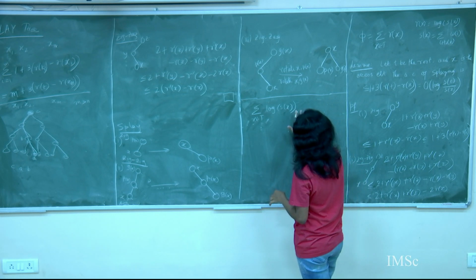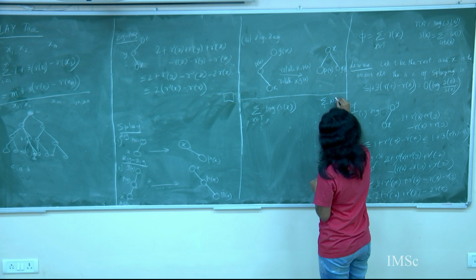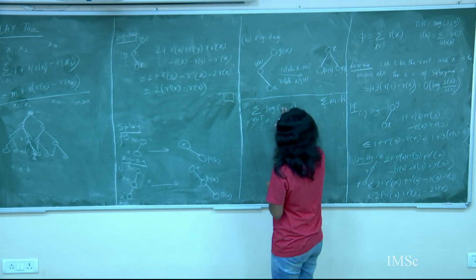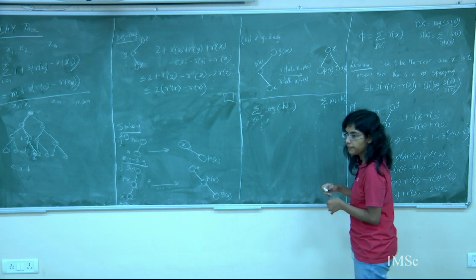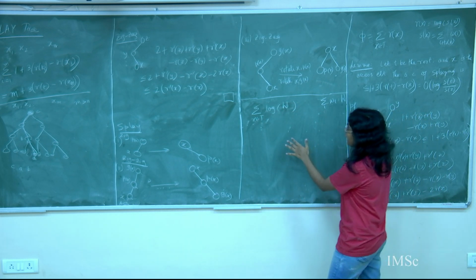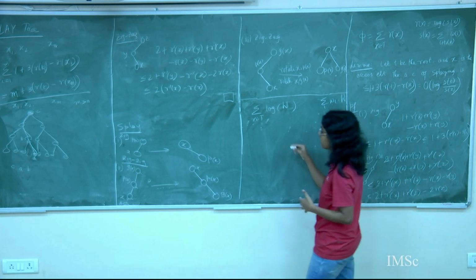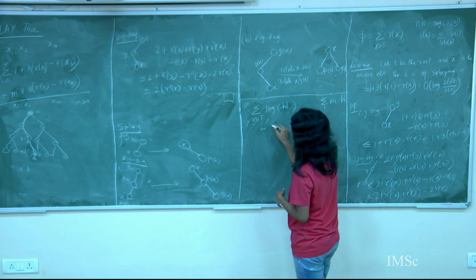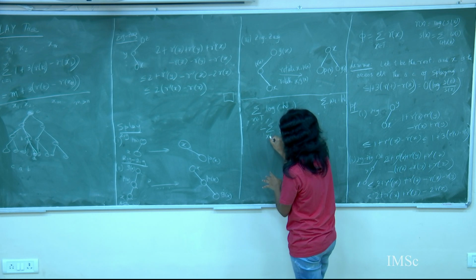So if I write sum over i of wi to be capital W, then I can write it as log of capital W, right? So this is the initial potential, and the potential is changing. So the next term can be at most, at least this.